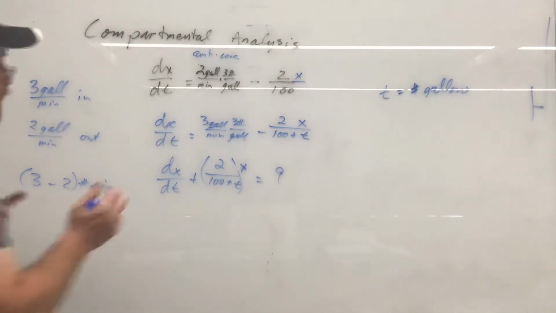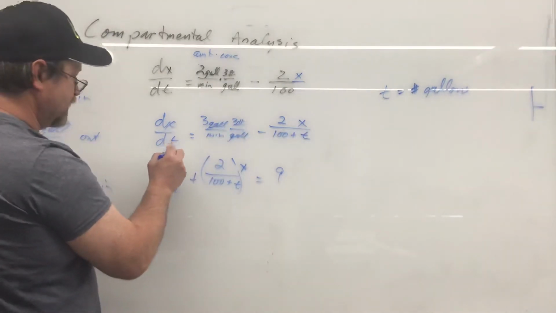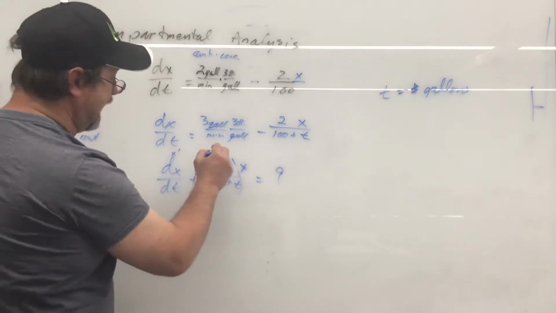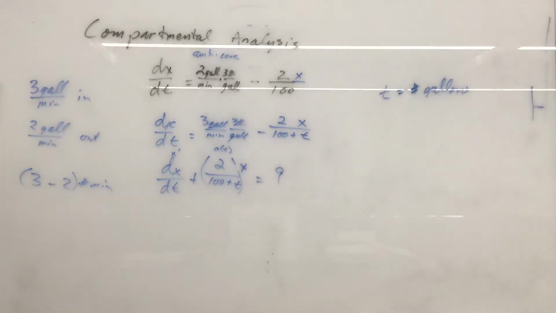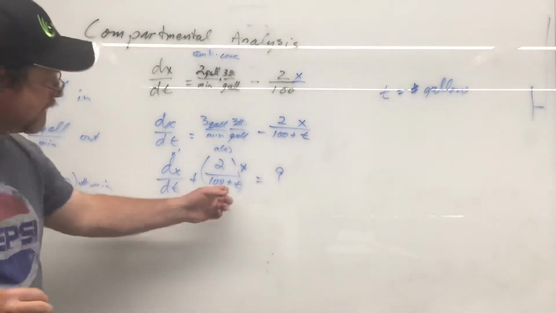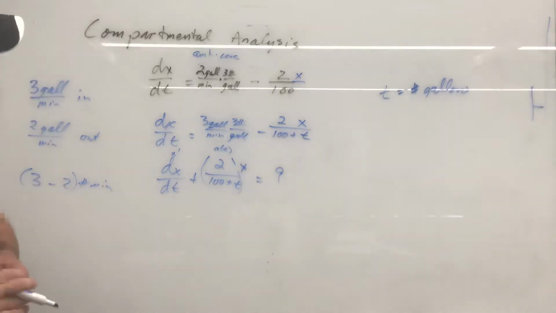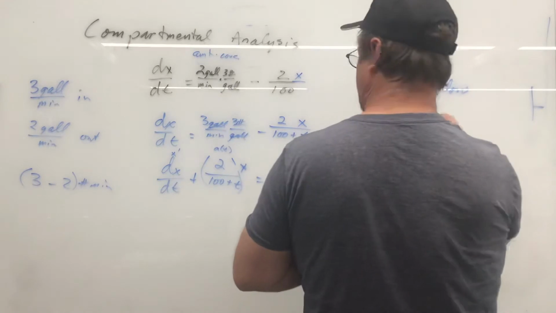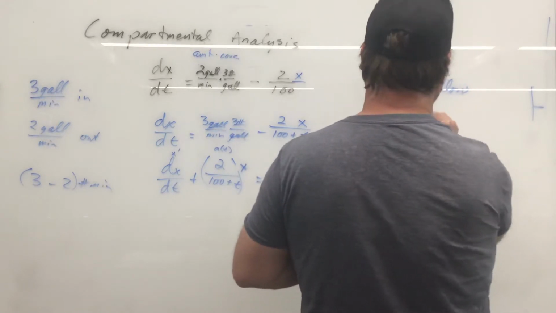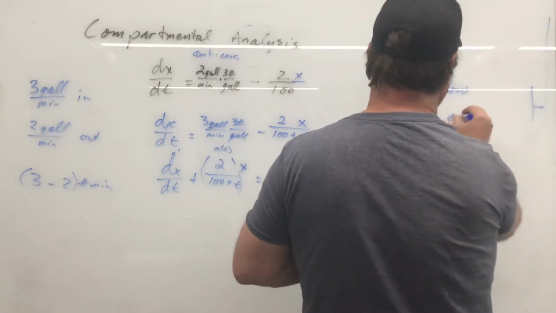Now, what do we have? Well, we have x prime here, we have a of t here, and just like before where we need an integrating factor in order to solve this, now this is what our integrating factor is coming from. We'll have e to the integral of 2 over 100 plus t dt.